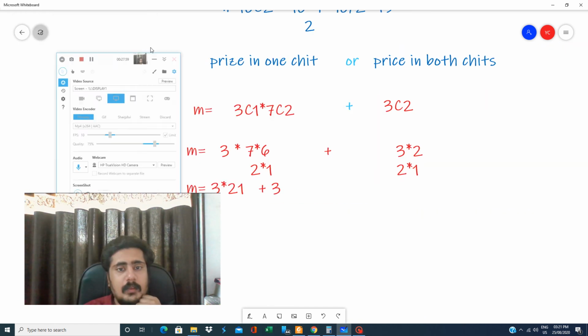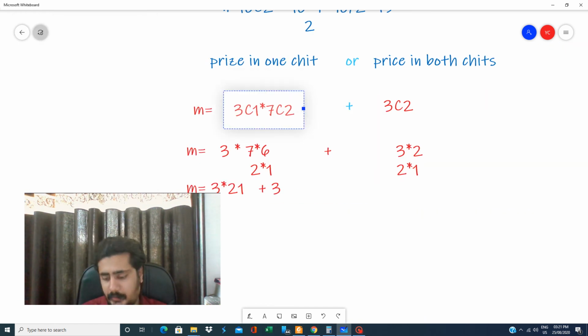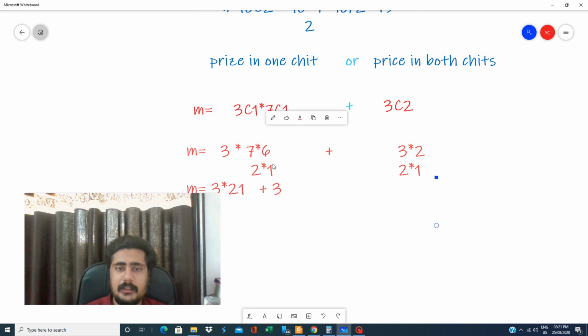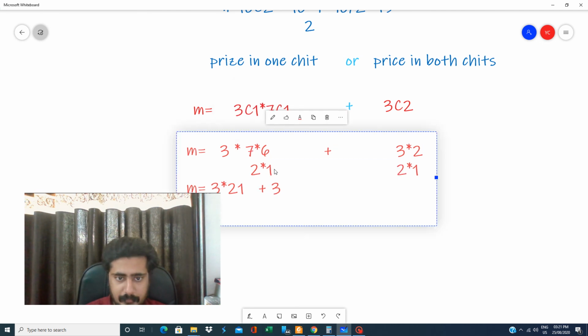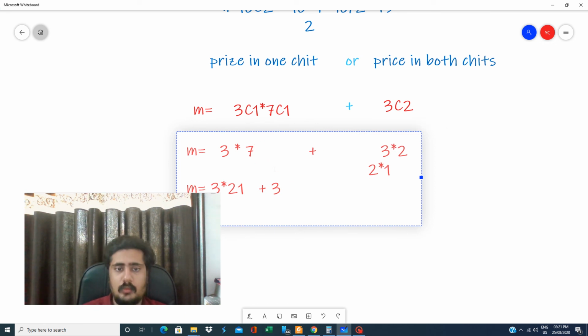See, we are selecting only two chits. If Kathan is getting a prize in one chit, then in the other chit he is not getting the prize. So 7C1 is simple, 7C1 is only 7. So this was a bit of a mistake, so don't get confused. Now 3C2 is perfect.